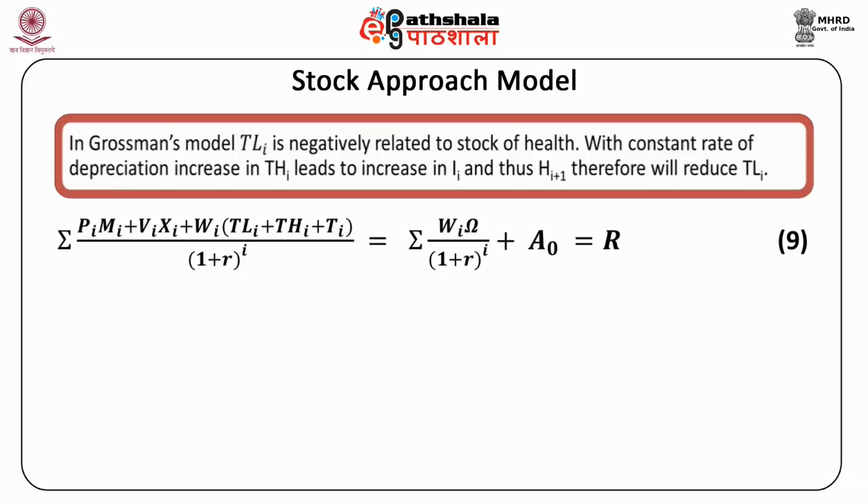Equation 9 states that full wealth is equal to initial wealth. Equilibrium is obtained by maximizing utility function 1 subject to 2, 3 and 9.